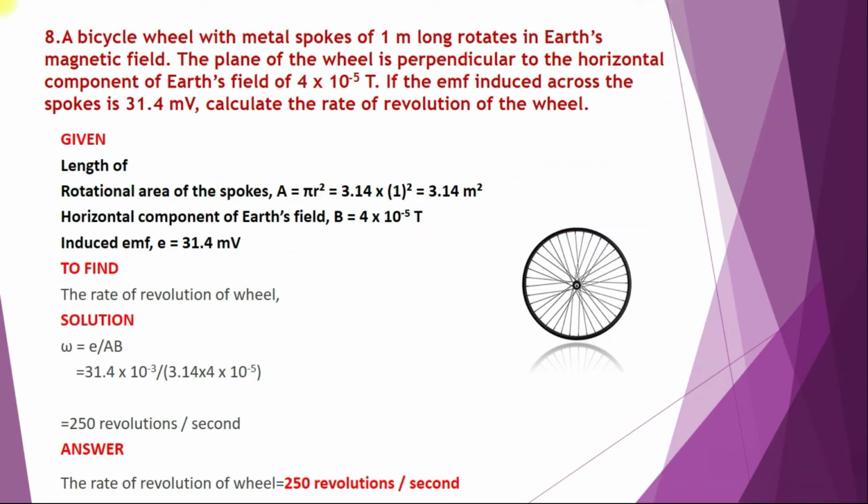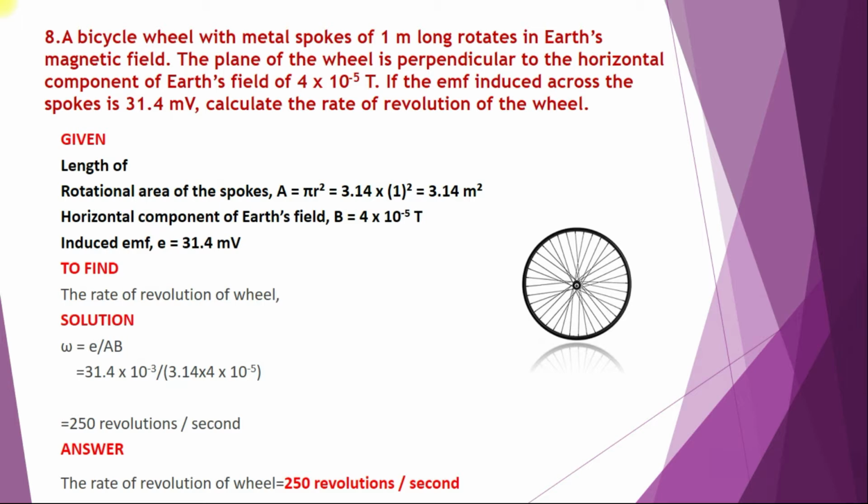Problem 8. A bicycle wheel with metal spokes of 1 meter long rotates in Earth's magnetic field. The plane of the wheel is perpendicular to the horizontal component of Earth's field of 4 into 10 power minus 5 Tesla. If the EMF induced across the spokes is 31.4 millivolt, calculate the rate of revolution of the wheel.